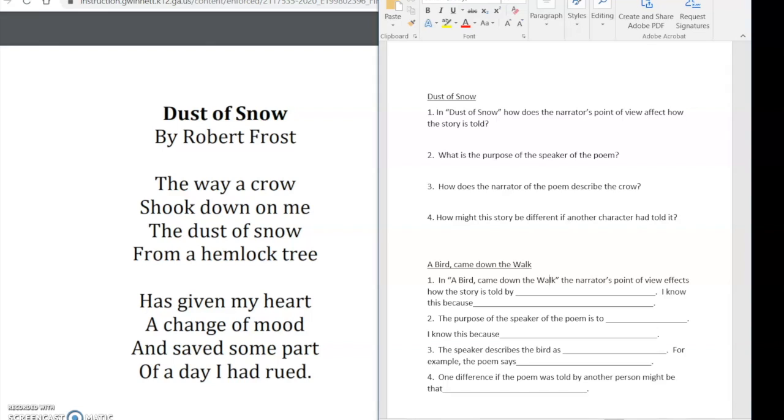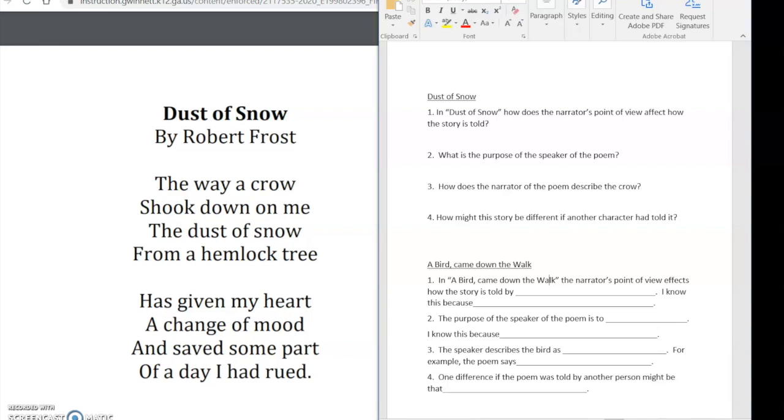So she walked us through an example of answering some of the questions about point of view from a poem on the snail. And now your independent practice is to do that same type of activity on two more poems.